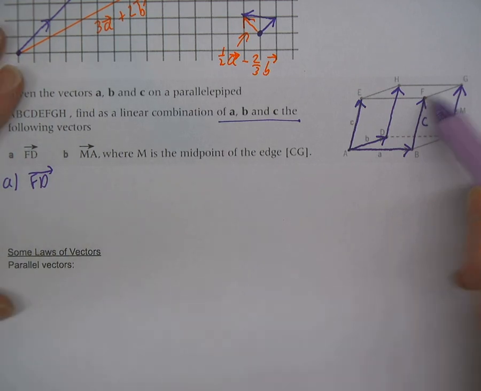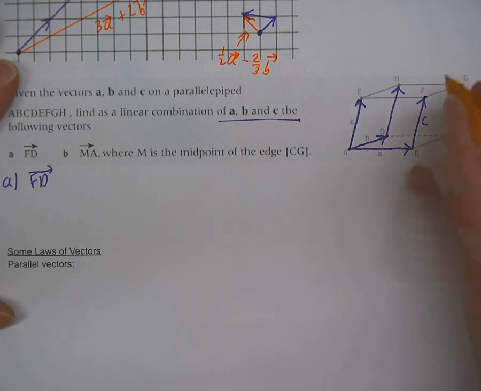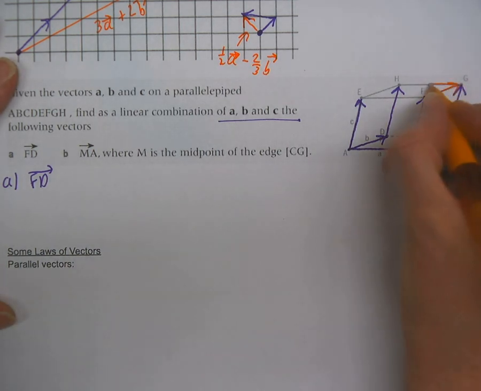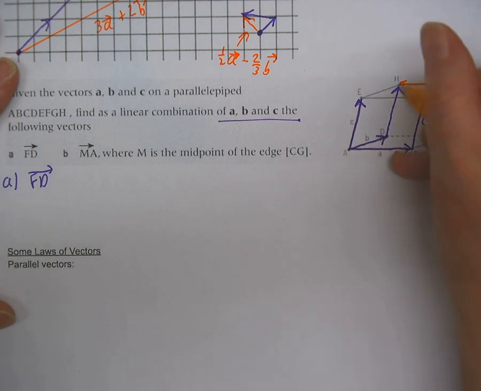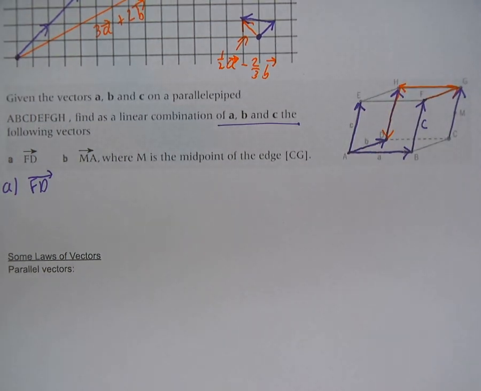Well, here's F and here's D. So one direction I would have to go is I could make my way there by going this way, and then this way, and then down. And you're like, but there are other ways you could get there too. Yes, there are. They will all simplify the same way.